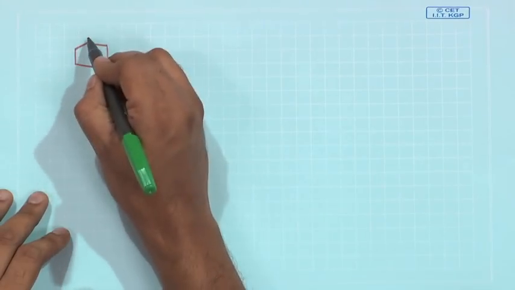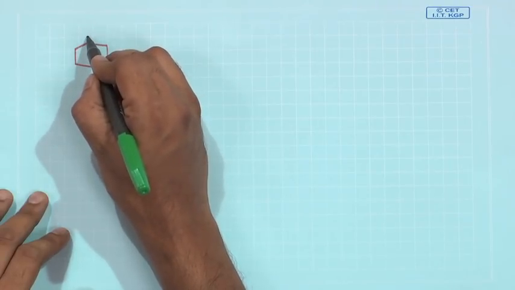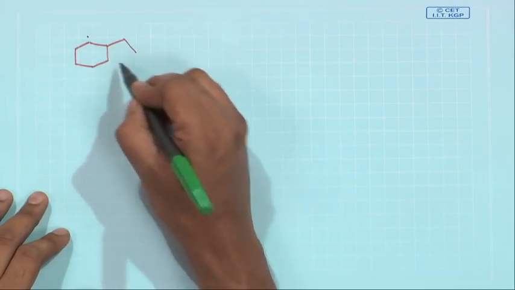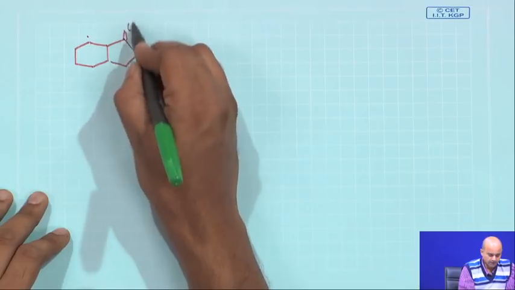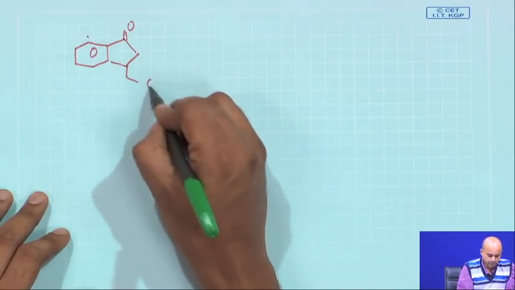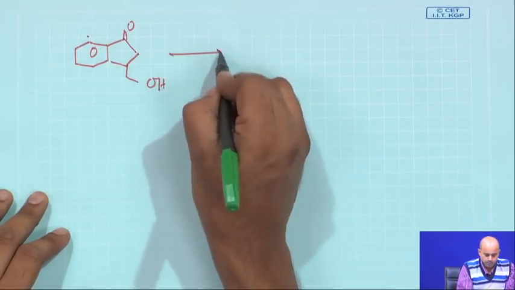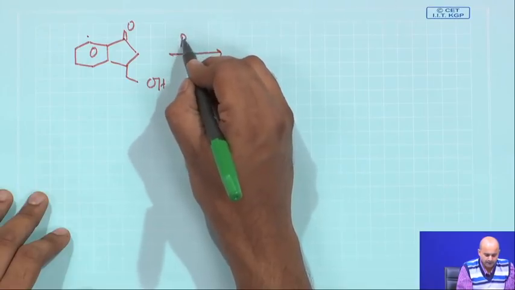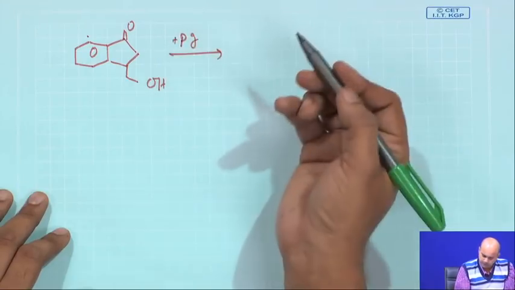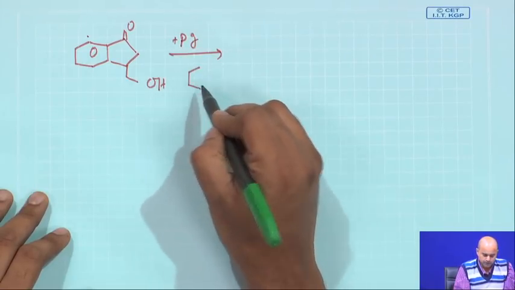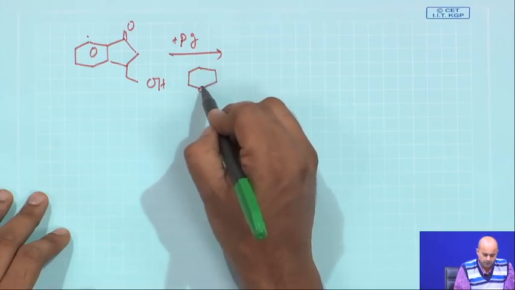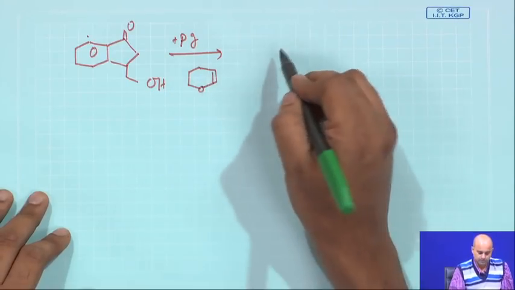Start with the starting material whose structure was given as it is. Now, for protection of this hydroxy group, you can use any protection group. Let us use the simple protection group which we earlier used, a dihydropyran group.